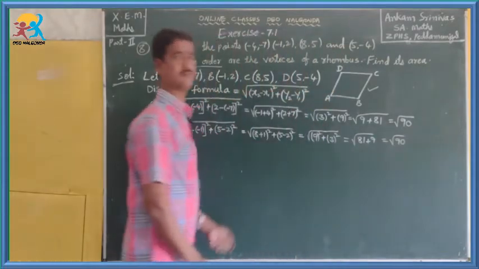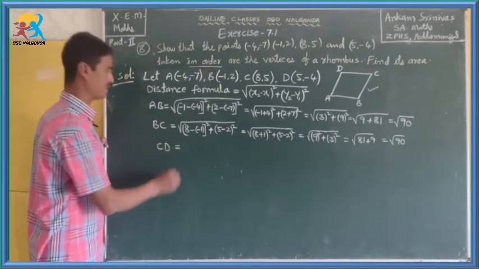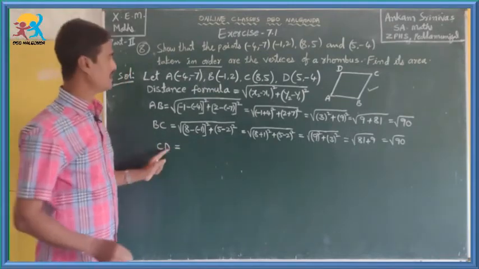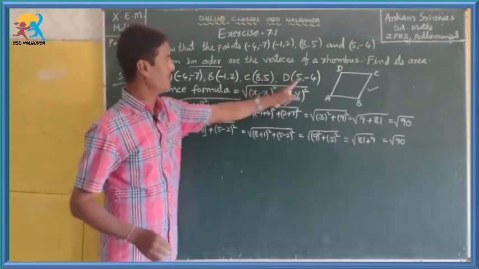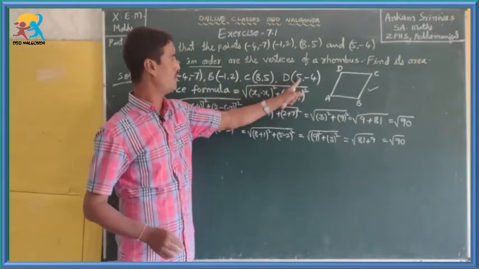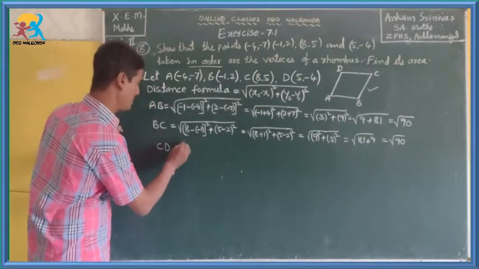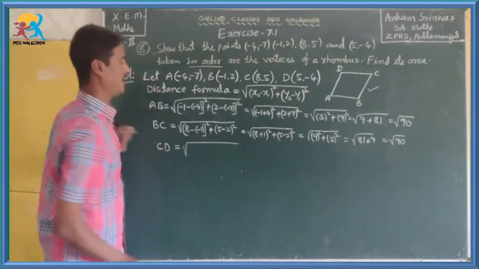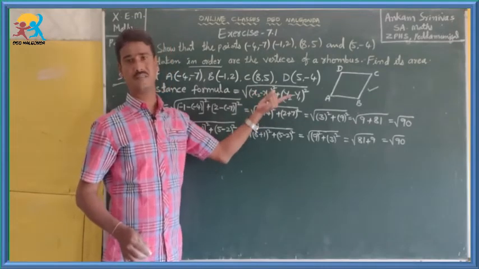Very easy, no? Next, CD, the length of CD. What is the length of CD? Now C and D. Difference of first coordinates: 8 minus 5 or 5 minus 8, you can take as you wish. So, square root of, as per the formula, x2 minus x1 or x1 minus x2.